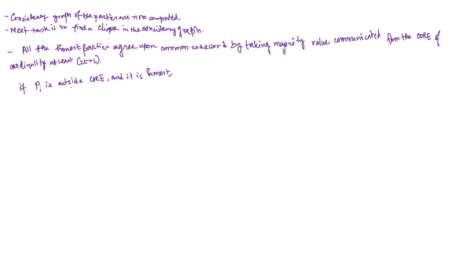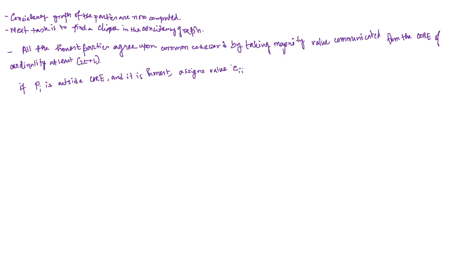An honest party outside the core assigns the value cii. It initially had a local copy of all the n elements of the code word, ci1 to cin.